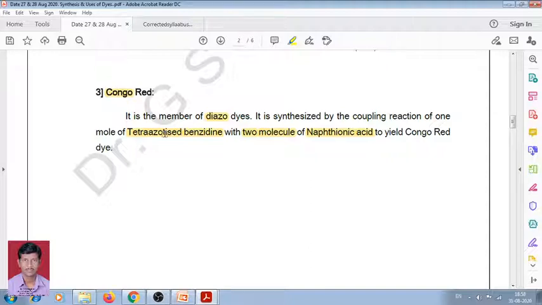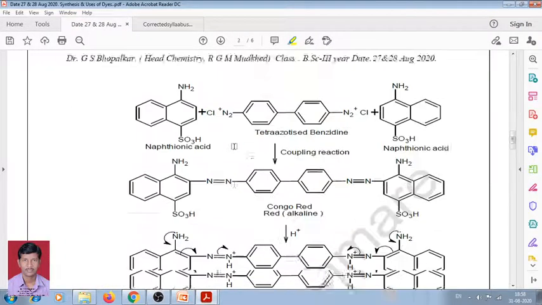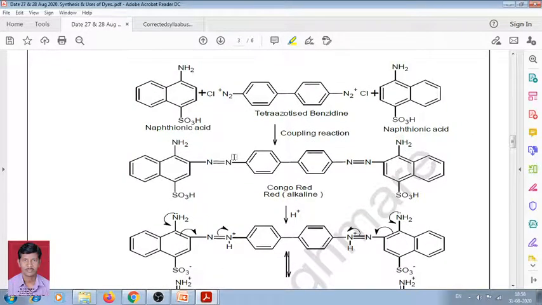Means tetraazotized benzene. There is a benzene structure in between. The reaction of 1 mole of tetraazotized benzene with 2 molecules of naphthionic acid takes place to yield Congo red as a dye.